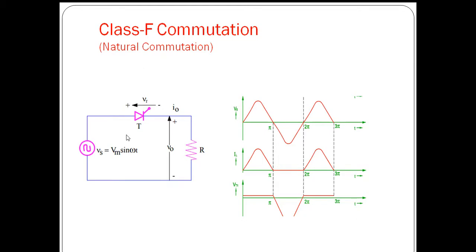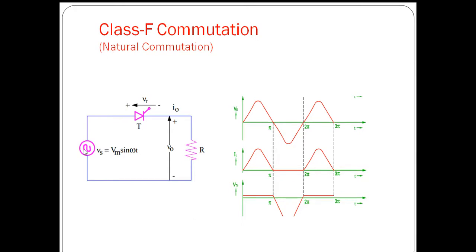During positive half cycle, the thyristor will be in conduction. So whatever supply voltage will be, that will appear across the load resistance R. Neglecting on-state voltage drop of SCR, it is very minimum. Voltage drop across SCR we are assuming as 0.